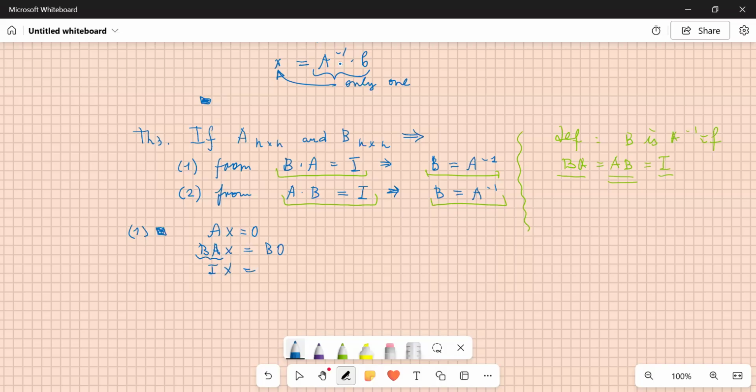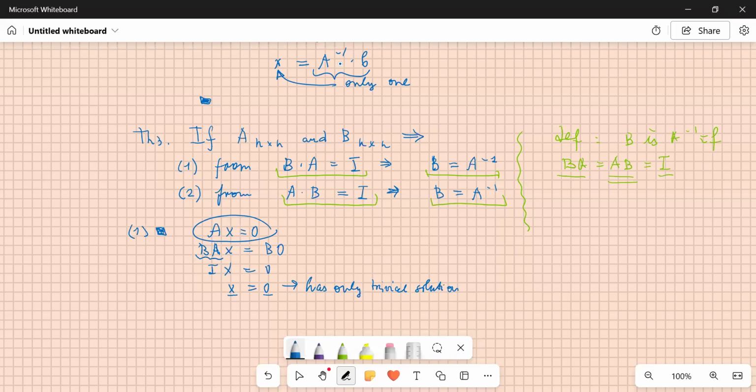If I multiply any matrix by the 0 vector, I'm going to get the 0 vector again, right? What is identity times X? It's just X. And what I have actually is that this homogeneous system has only the trivial solution.